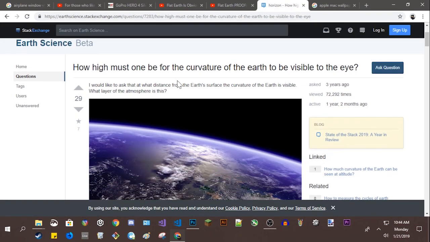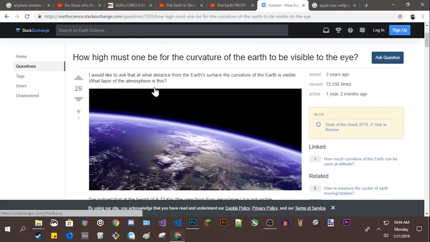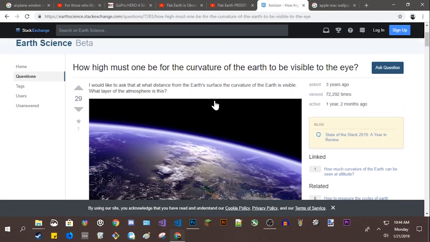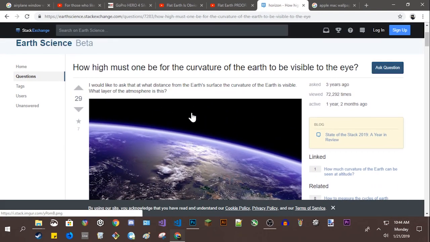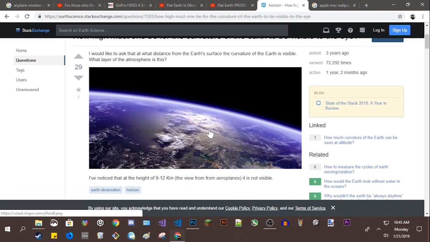It seems like a forum where globe believers all have the same opinions in their echo chamber, but if we look at this question here, it's asking where can they see the curvature of the Earth? Because even if they believe, they're starting to have doubts, because as we've seen from an airplane window, you can't actually see the curvature of the Earth.